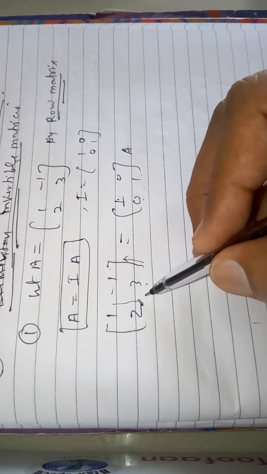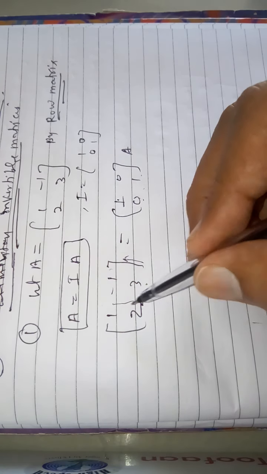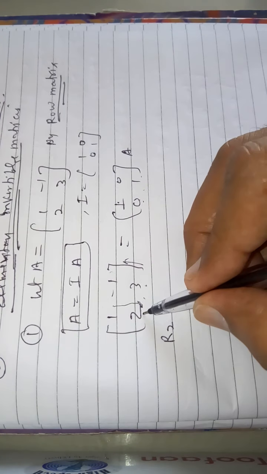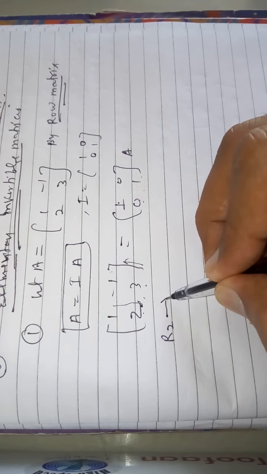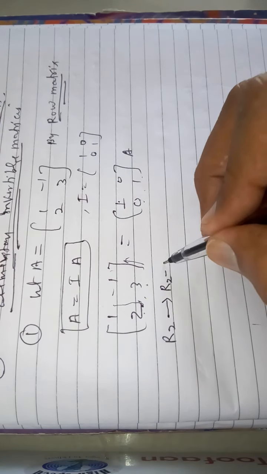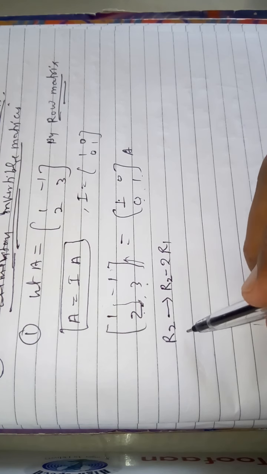So we move row by row: R2 tends to R2 minus 2R1.